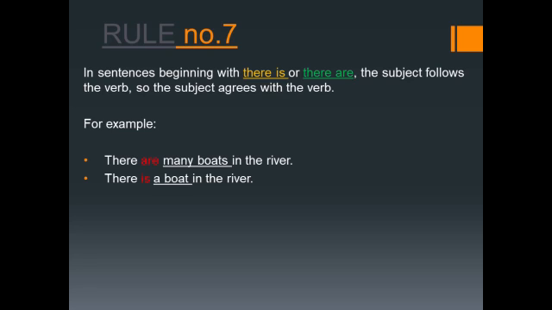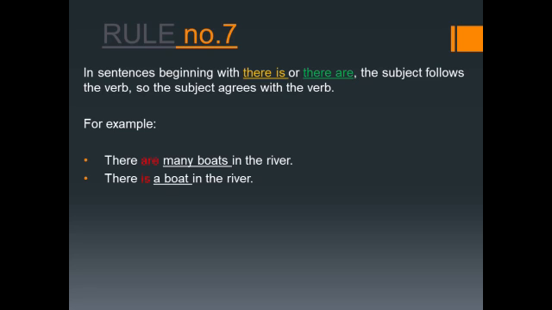Rule number 7. In sentences beginning with there is or there are, the subject follows the verb, so the verb agrees with the subject. For example, there are many boats in the river. In the sentence, boats is a plural subject, so we use the plural verb are.